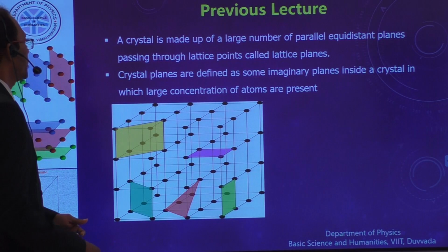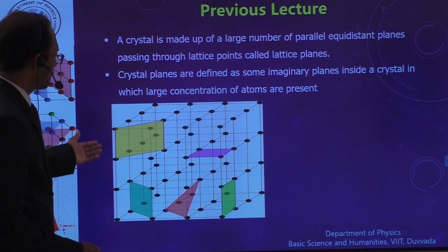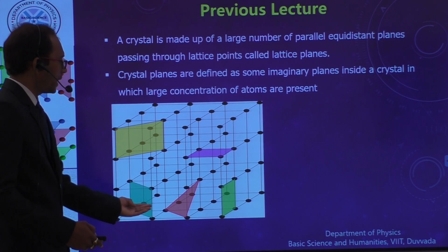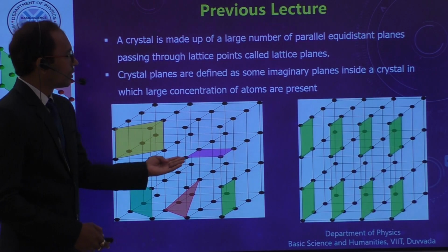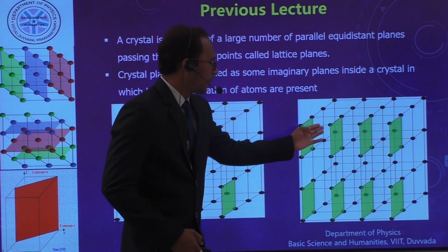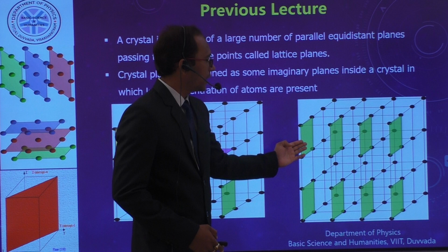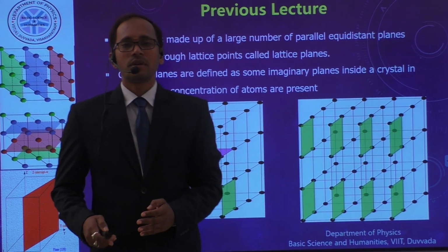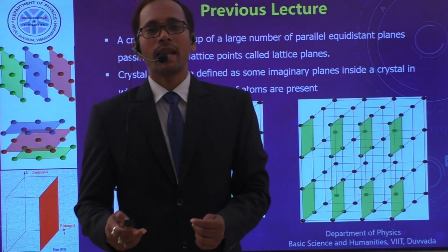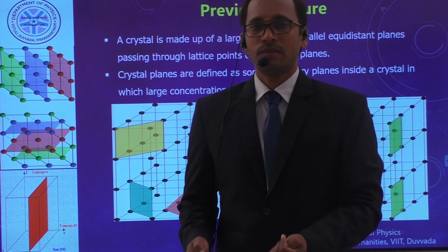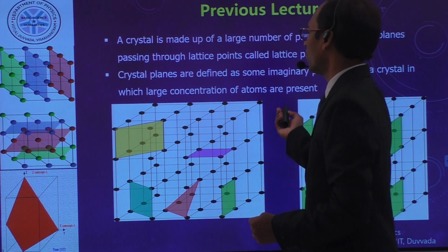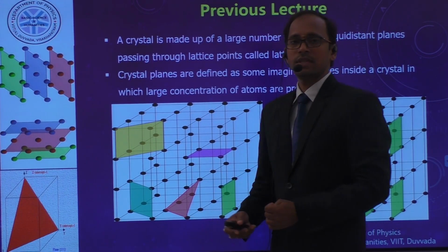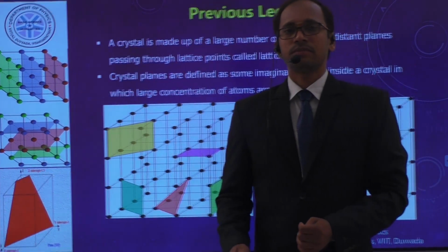We have seen different orientations of planes, and also parallel planes, the same plane with the same orientation. We can observe a large number of parallel planes inside a crystal, with different orientations, as we saw in the previous lecture.